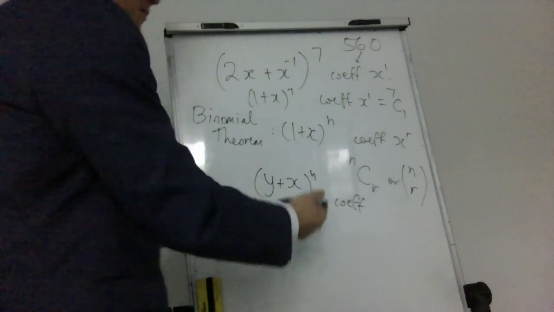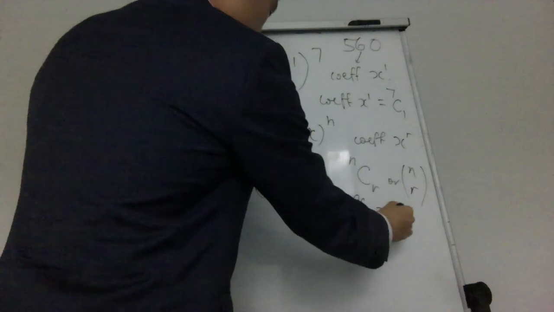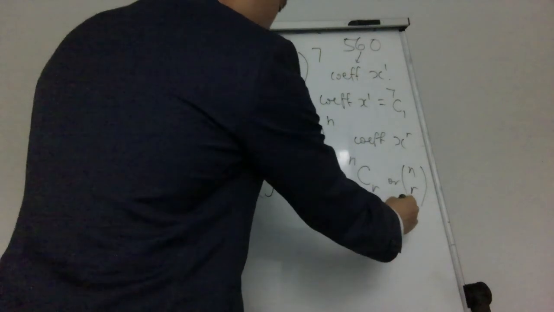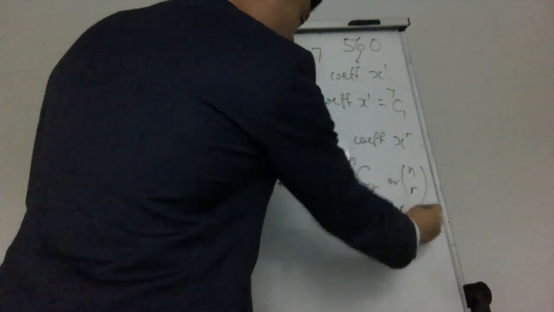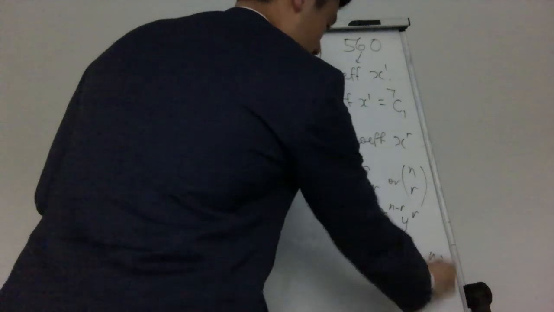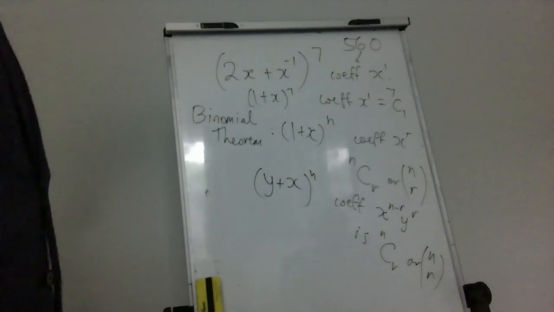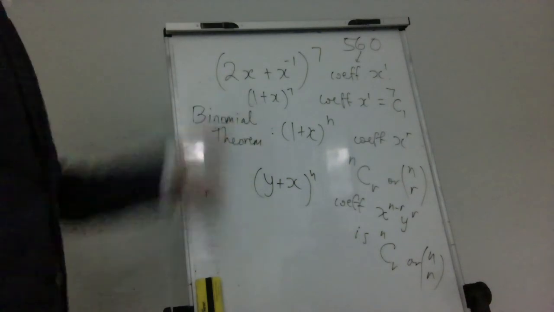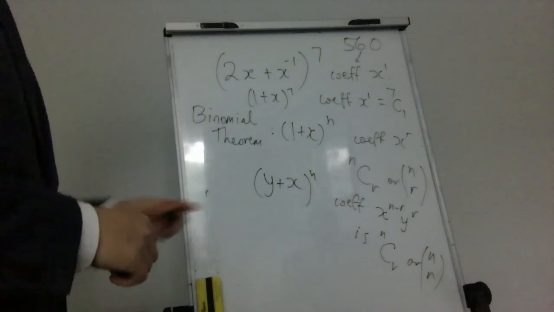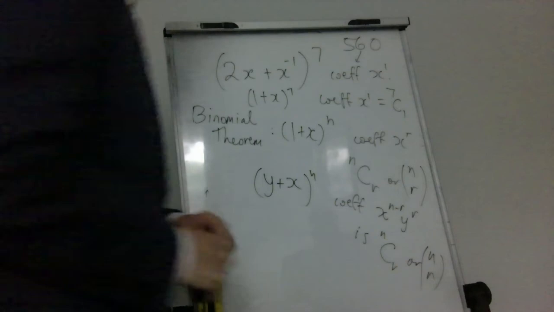The coefficient of x to the n minus r times y to the r is nCr, or n choose r. So that's the more general version. They're equivalent. You can prove that with some algebra, but we don't really want to do that.